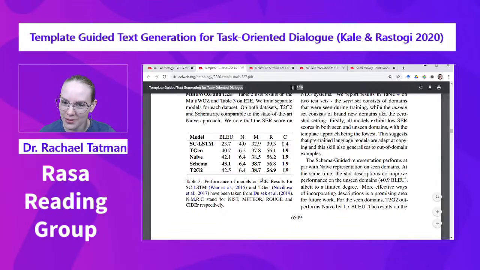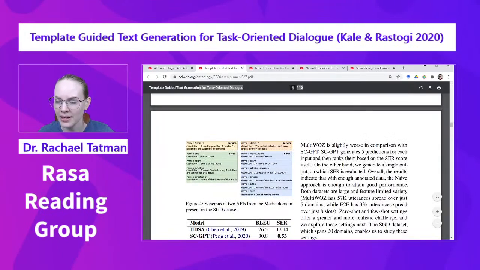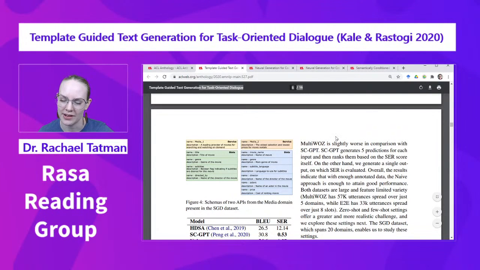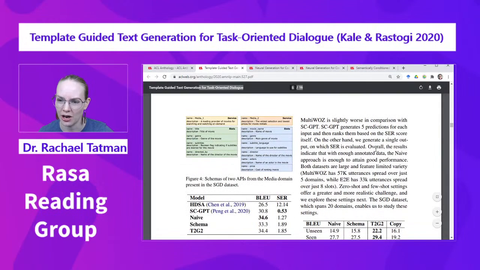We note that the SER score on MultiWOZ is slightly worse in comparison to SC-GPT. SC-GPT generates 5 predictions for each input and then ranks them based on the SER score itself. On the other hand, we generate a single output on which SER is evaluated.